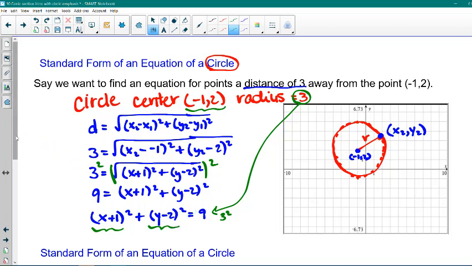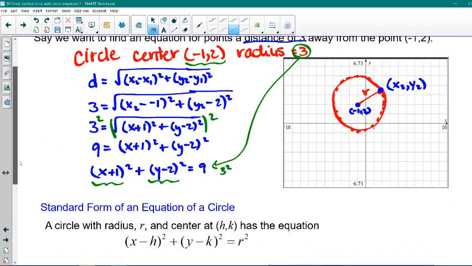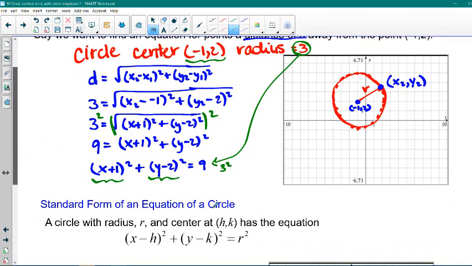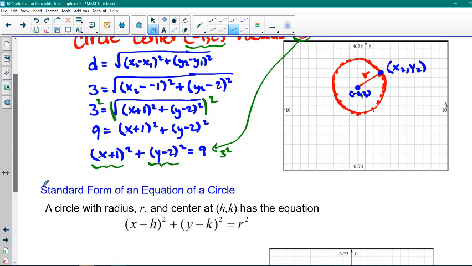What this leads us to is how we can find the standard form of an equation of a circle. And it is developed from the distance formula. So hopefully this makes a little bit of a connection for you, but here is the main takeaway from this.